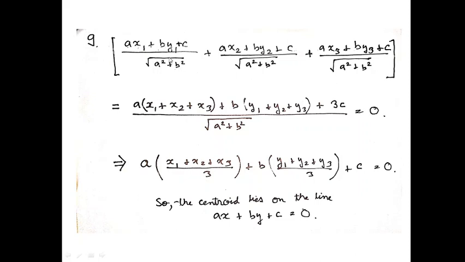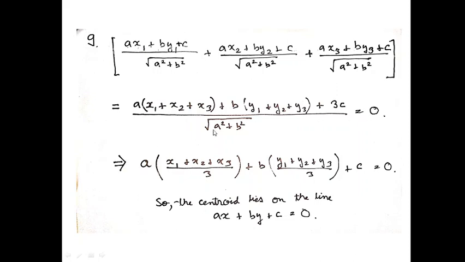This plus ax2 plus by2 plus c by root over a square plus b square, plus ax3 plus by3 plus c by root over a square plus b square, is equal to a into x1 plus x2 plus x3 plus b into y1 plus y2 plus y3 plus 3c, since c comes 3 times here, by root over a square plus b square, and this sum is given to be 0.